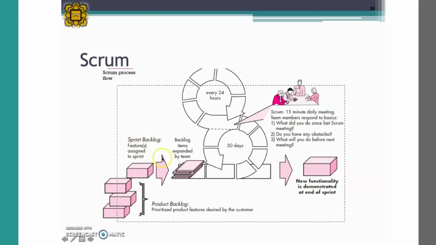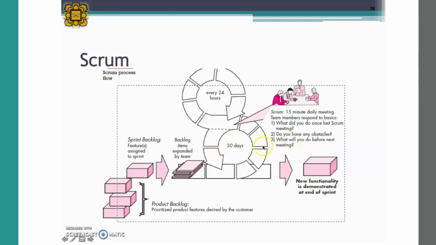Each sprint backlog will contain whatever they decide should be completed, and they decide how long the sprint should be, 30 days and so on. For every day they will have to hold the daily meeting, the stand-up meeting, where they have to answer these questions.